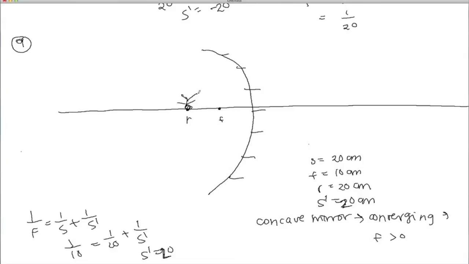And we know it's real. Okay, let's just assume it intersects here. Then it intersects here.